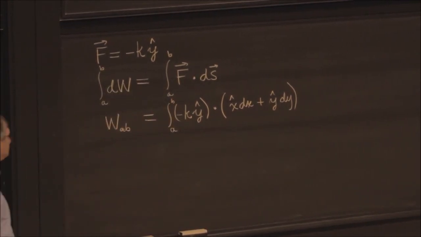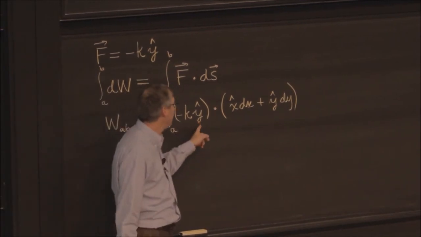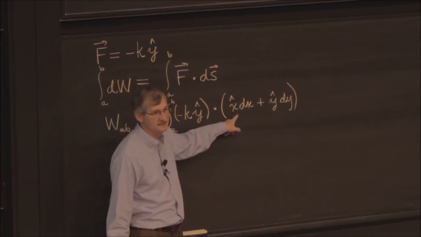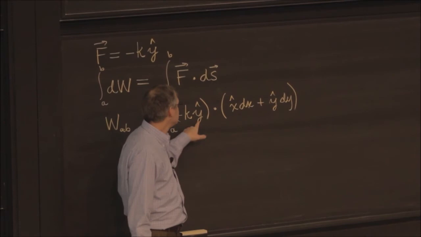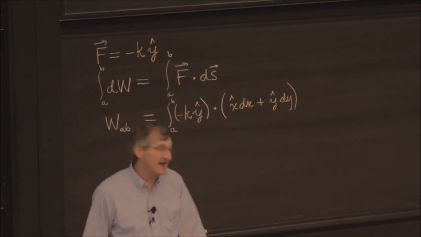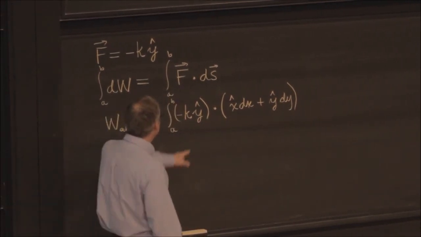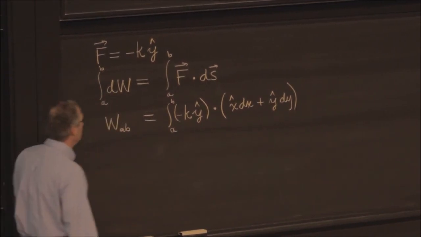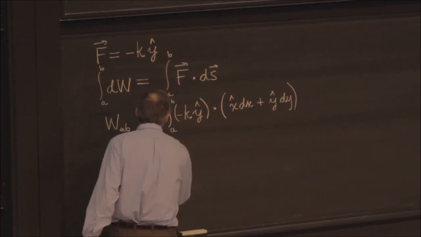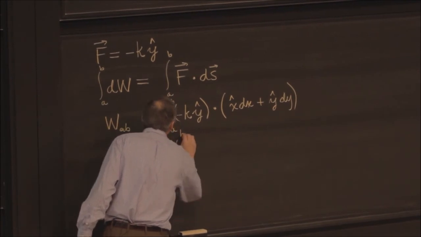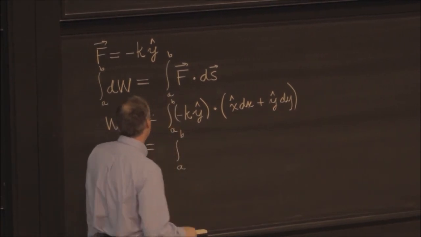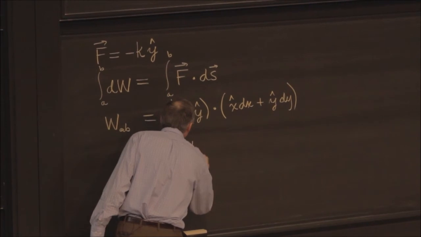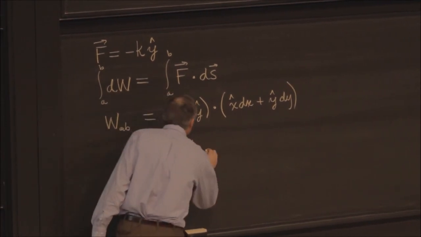Well, this is where the dot product is my friend, so it just kills that immediately. Because no matter what the displacement in x, the x unit vector is perpendicular to the y unit vector, and so the dot product is 0. And that leaves me then with an integral from A to B of minus k dy.